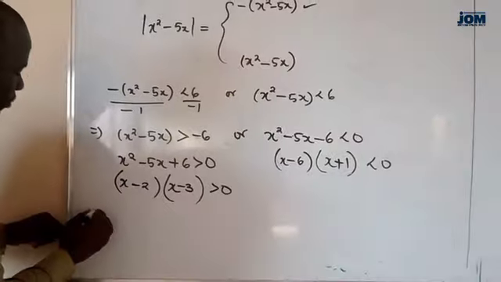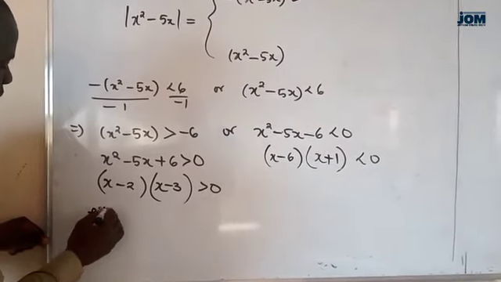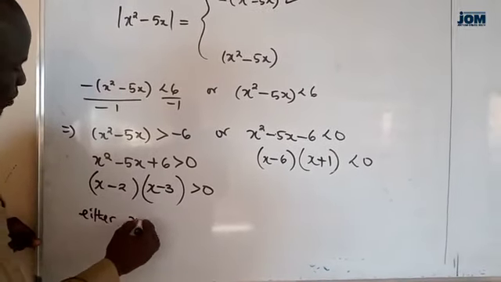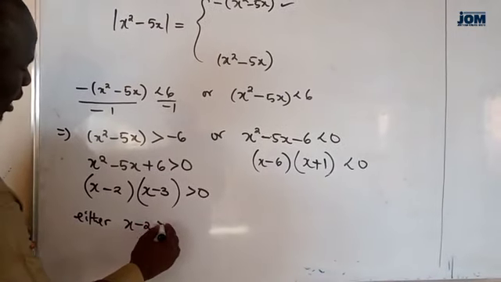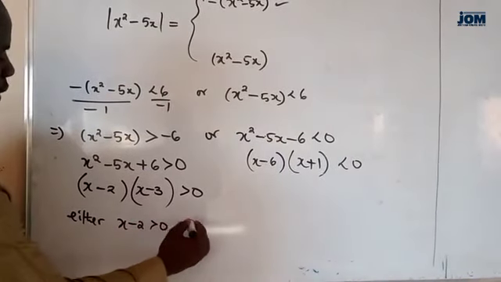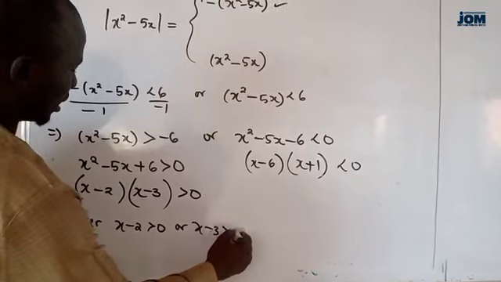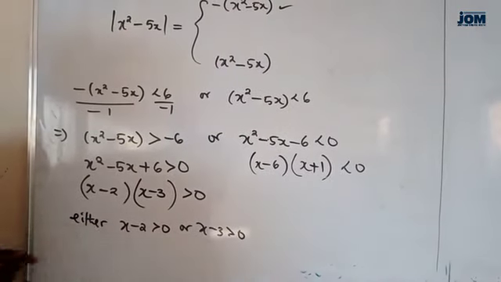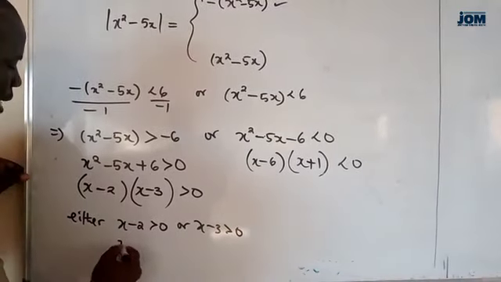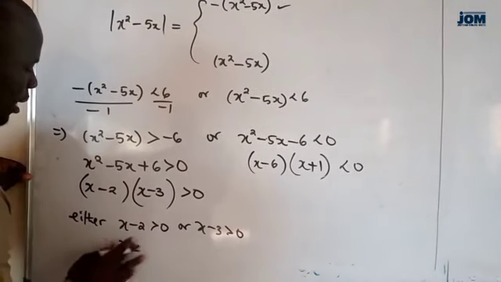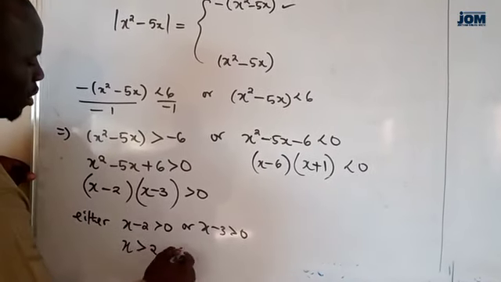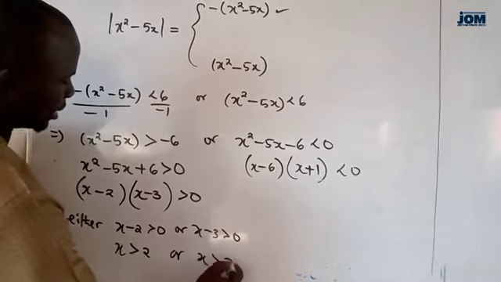So therefore, either x minus 2 greater than 0 or x minus 3 greater than 0. Now, solving this by adding 2 to both sides, x is greater than 2 or x is greater than 3.